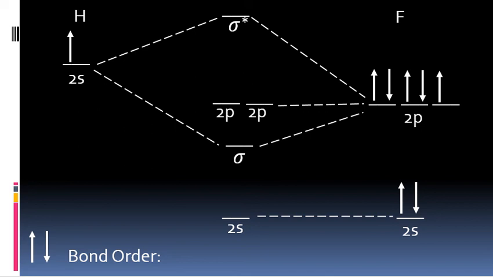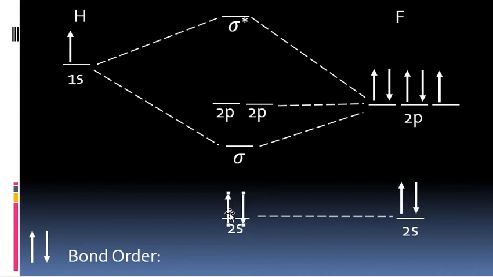Well, effectively, that 1s orbital on the hydrogen is going to be at an energy level that's actually too far away for it to overlap and form a molecular orbital with fluorine's 2s orbital. So effectively, those electrons in fluorine's 2s orbital are gonna form what's called a non-bonding orbital.